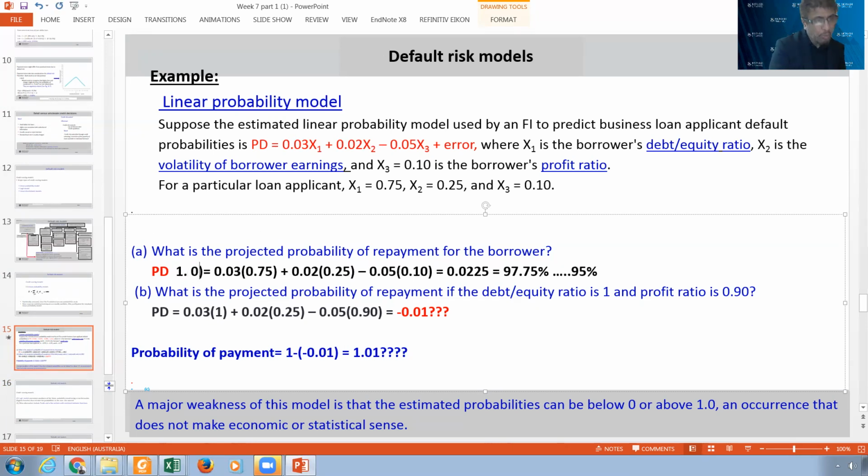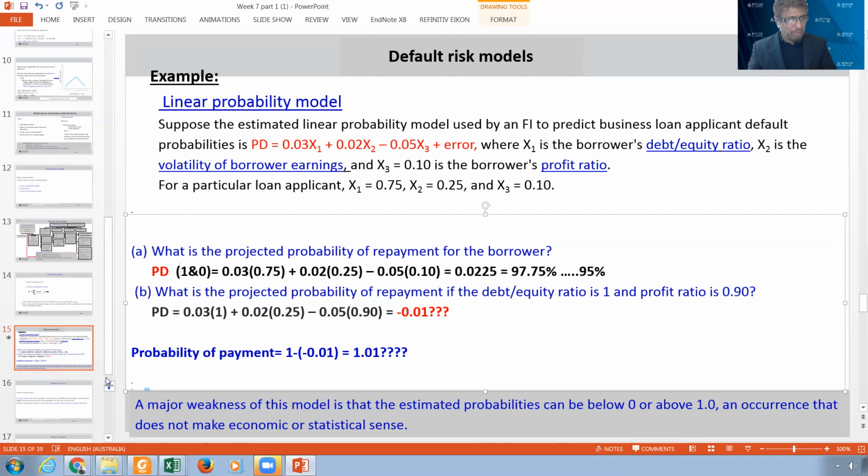So the values, when you calculate it, are between 1 and 0. So when you calculate the PD, the model itself will limit it between 0 and 100%, which means the PD has to be between these values.